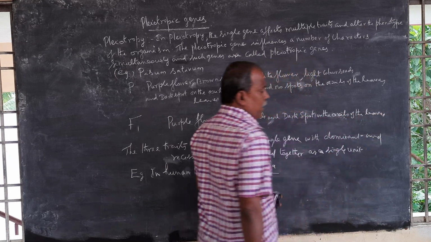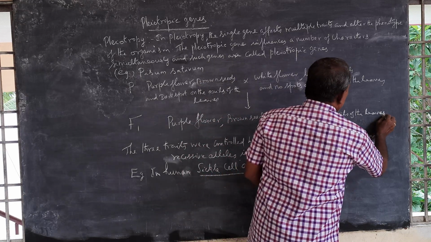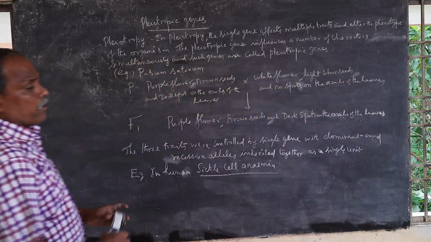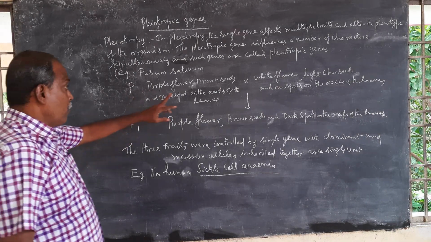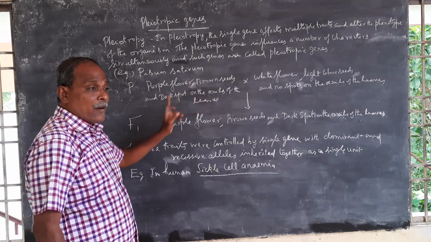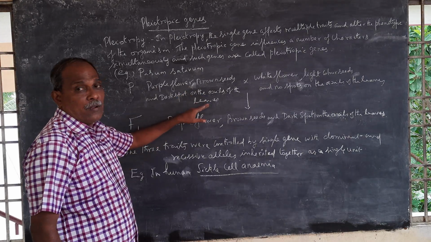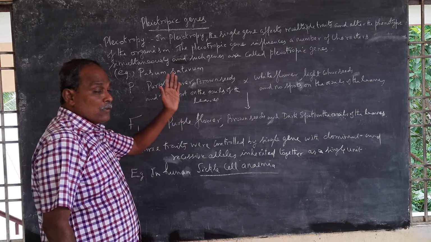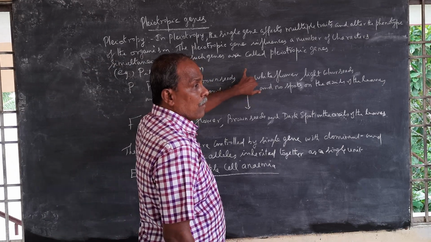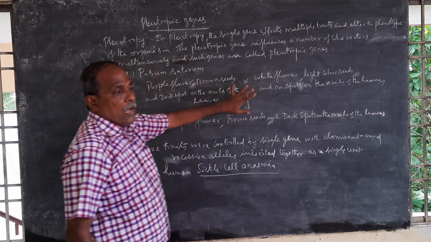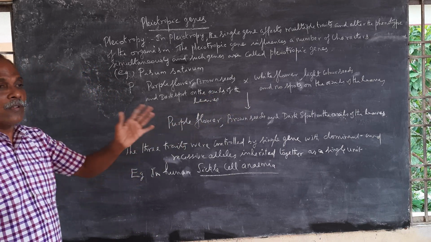So in Pisum sativum there are three characters. Which are the three? Purple flower, brown seeds, and dark spots on the axils of the leaves, and these three characters are dominant. Then another one has white flower, light colored seeds, and no spots on the axils of the leaves.